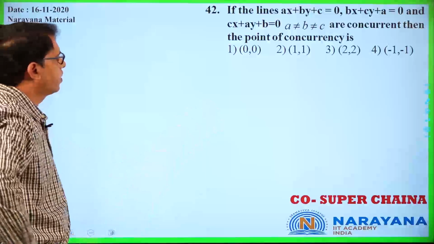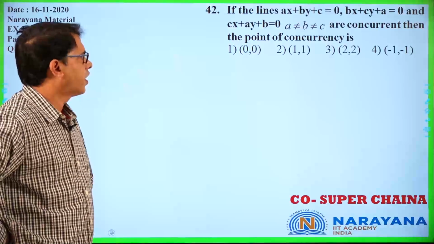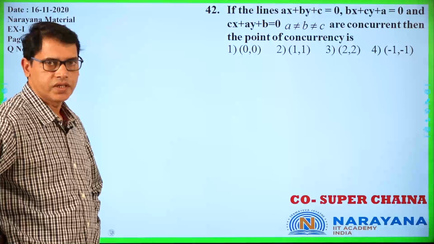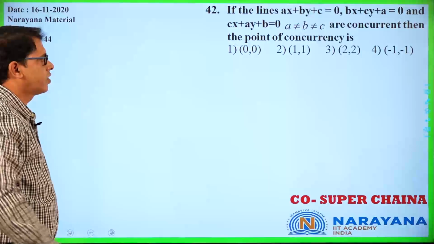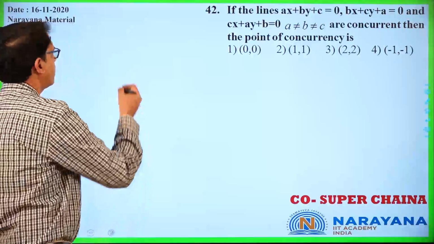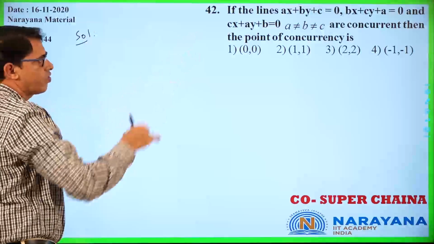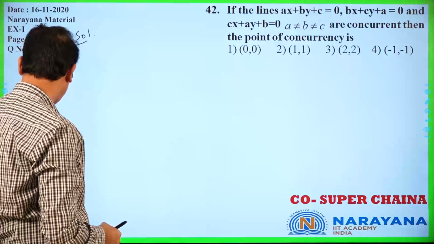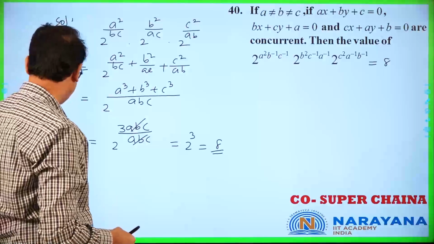See here, again the lines are concurrent, then we have to find the point of concurrency. In the previous question, the given lines were concurrent.